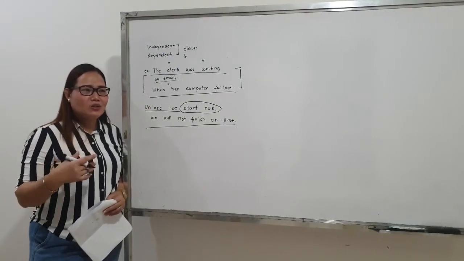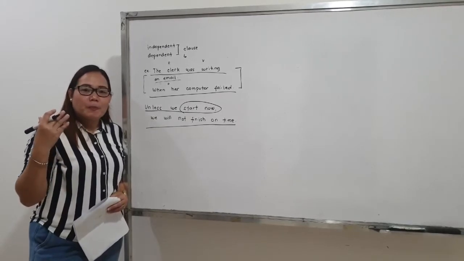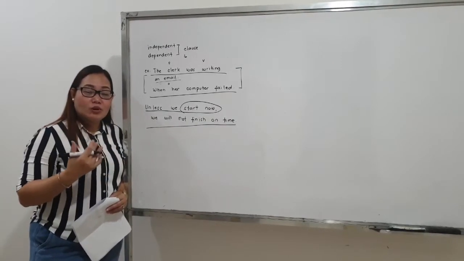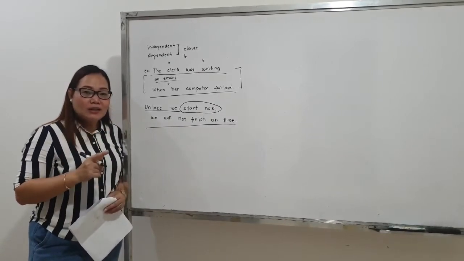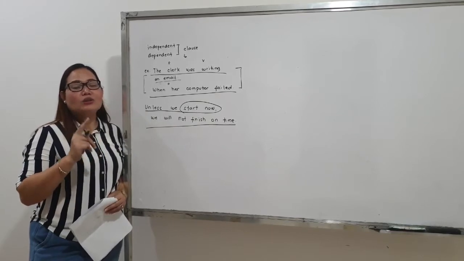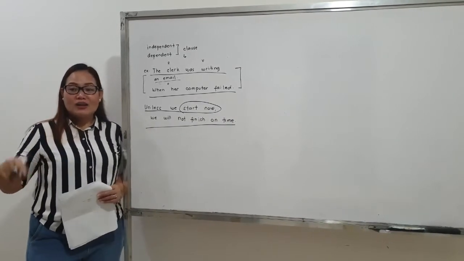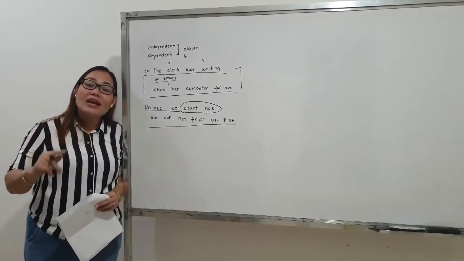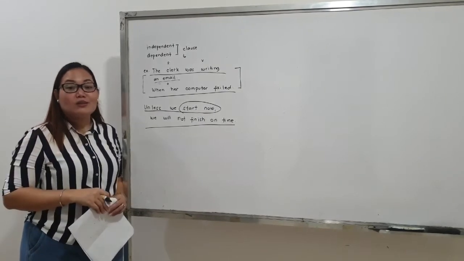You can just simply say I was sleeping, and the focus will be on the action in progress. But in this case, you want to indicate what was happening when another action happened in the past. So, I was sleeping when someone knocked at the door.